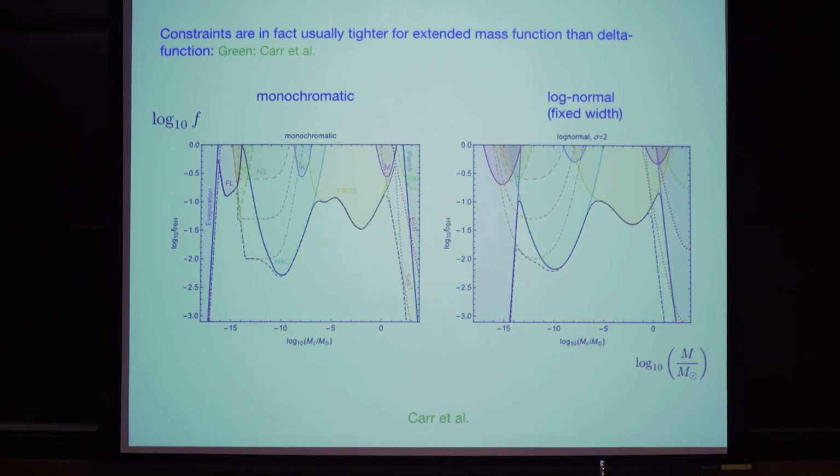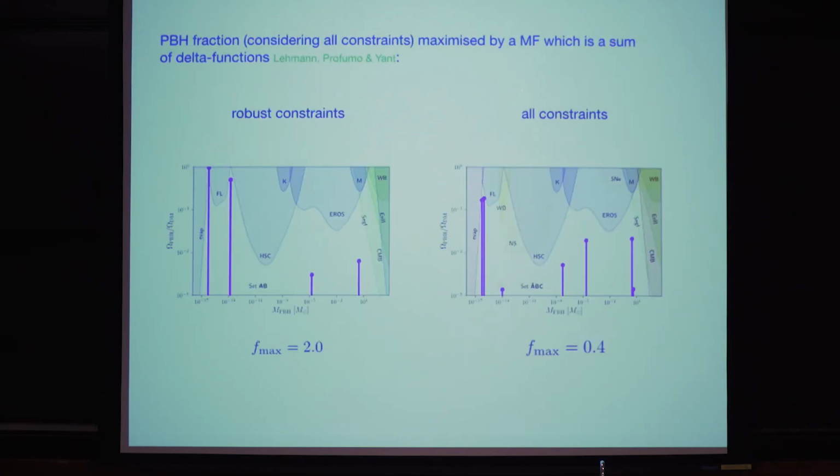You might wonder, though, should you be taking all of these constraints seriously, since some of them, as we've talked about, involve lots of astrophysical assumptions, in particular the constraints down here from neutron stars and white dwarfs. So there's been some work by a group of people, including Stefano Profumo, looking at the best you can do: if you can contrive any mass function you like with multiple peaks, what's the maximum fraction of dark matter you can have in the form of primordial black holes?